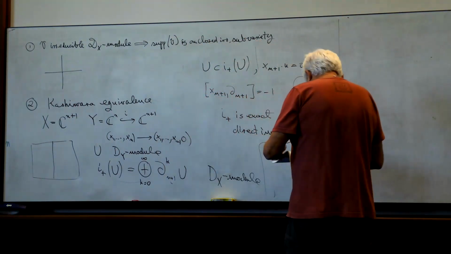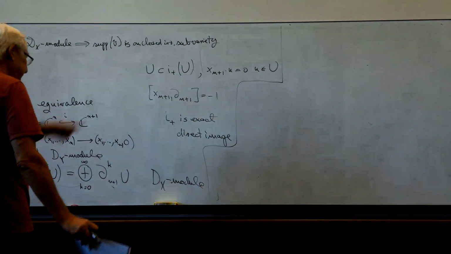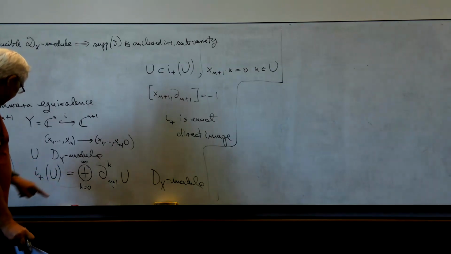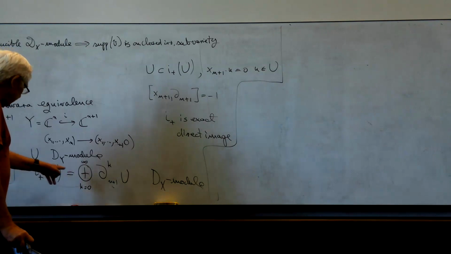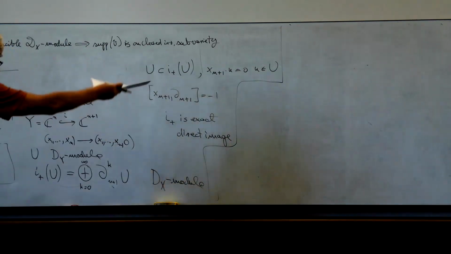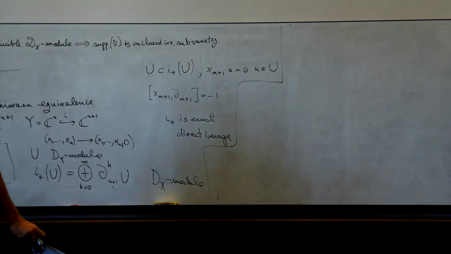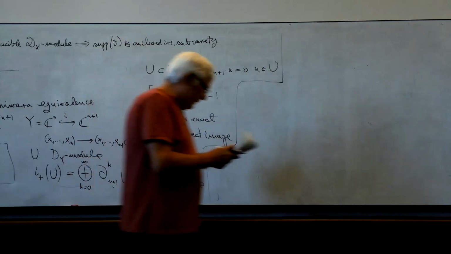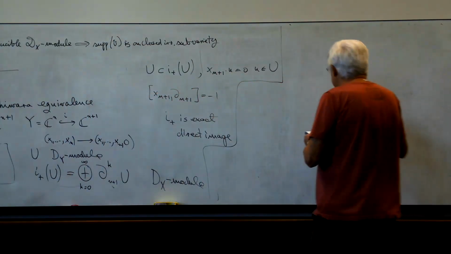And then this tells us that if I look at i_+(U) and look at the kernel of x_(n+1), this gives me back this piece U. So this leads us to the following definition.